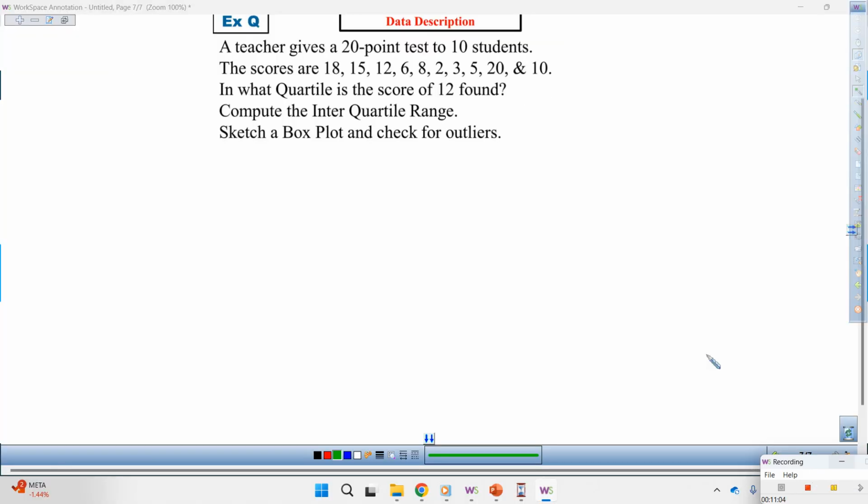All right, shall we? Once again, a teacher gives a 20-point test to 10 students. The scores are 18, 15, 12, 6, 8, 2, 3, 5, 20, and 10. In what quartile is a score of 12 found? Here goes the process. Step 1: you already know. Tell your neighbor what to do with that data, please.